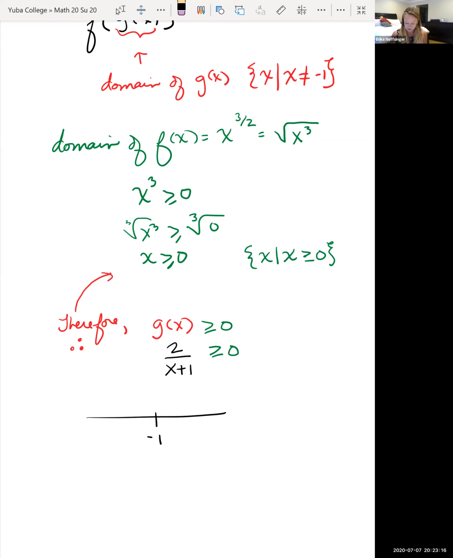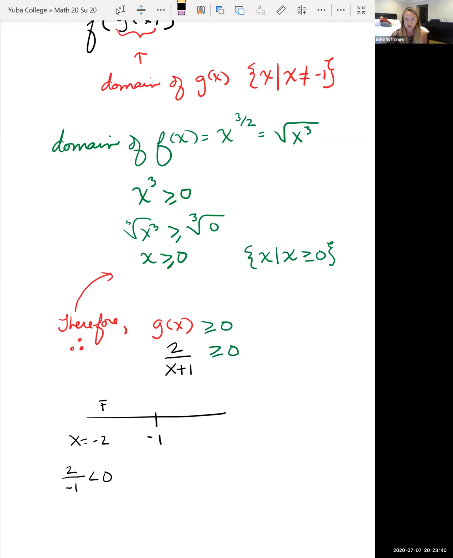So if we chose a value to the left of -1 and plugged it in here, we want to see if it's positive or negative. So if we chose x equals, let's say, -2, smaller than -1, and plug it in here, we get 2 over -2 plus 1. So we get 2 over -1, which is less than 0. So this is false.